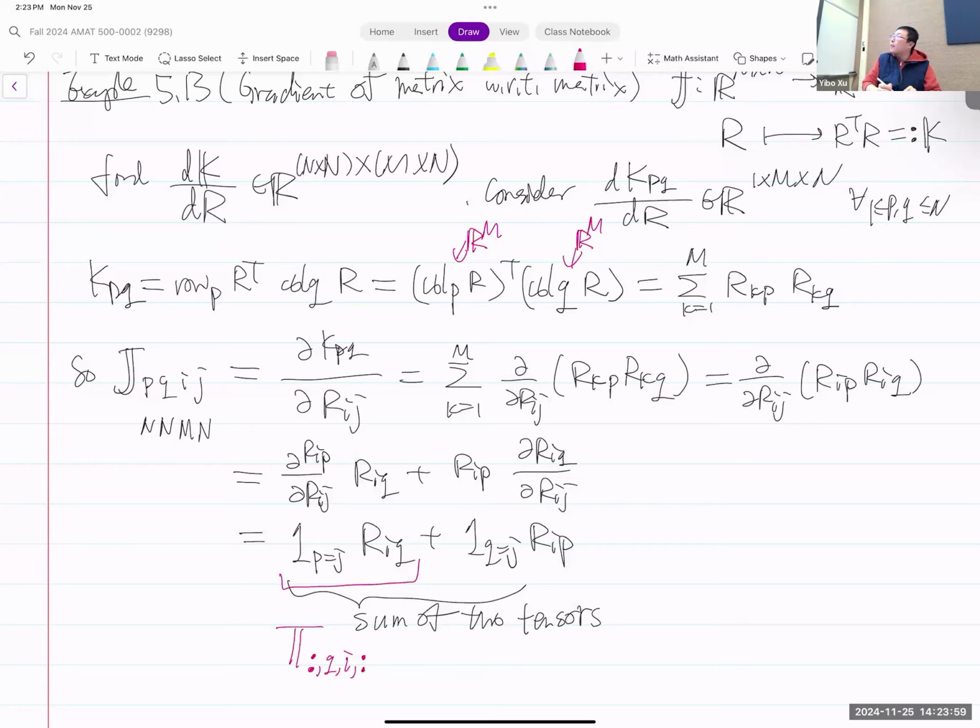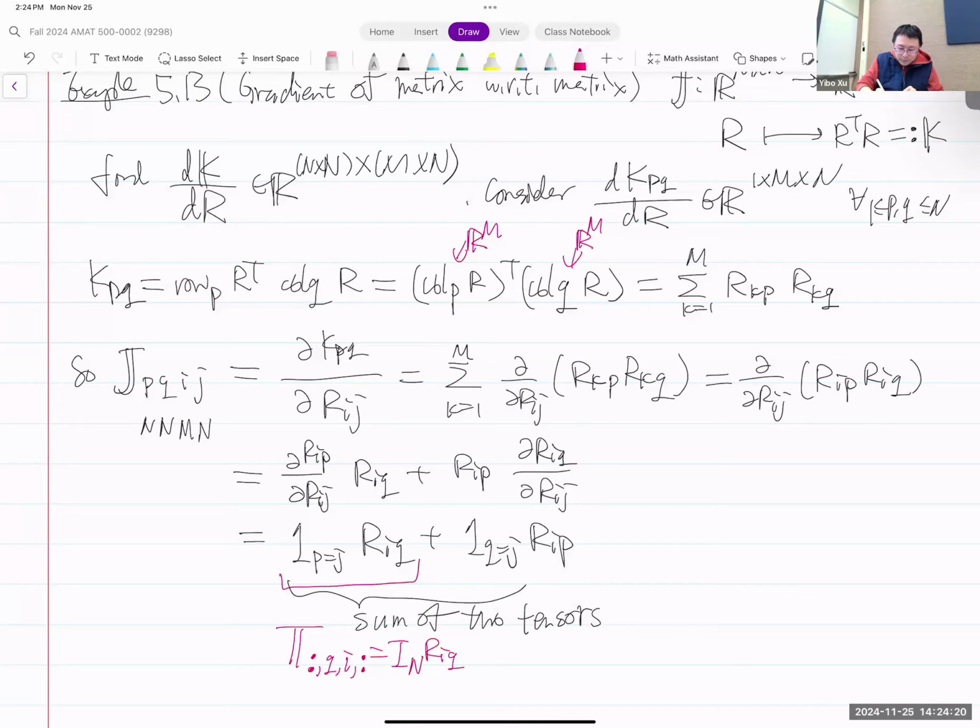So I fix q and i, the second and third index. So this tensor here equals the identity I_n, over p and j, that's n-dimensional, times R_iq.